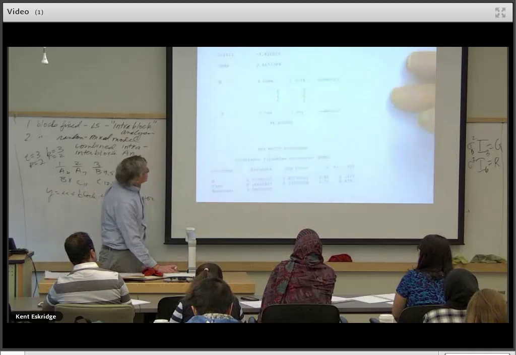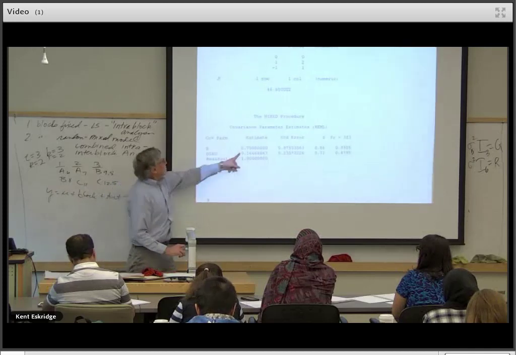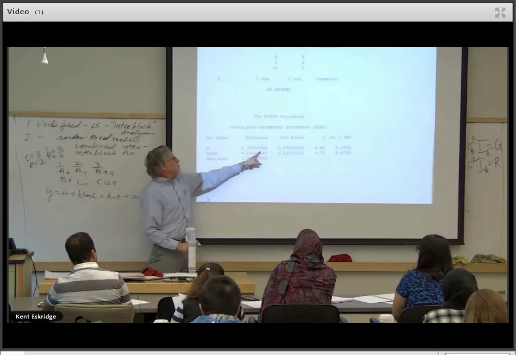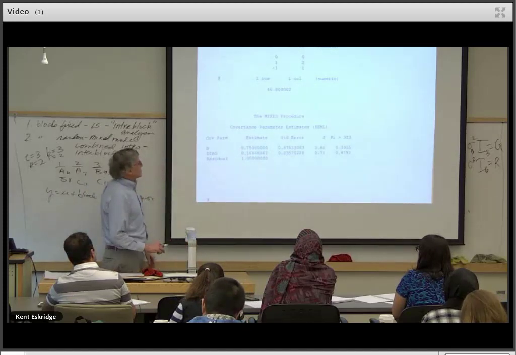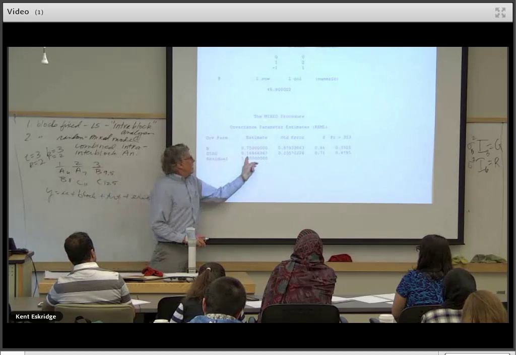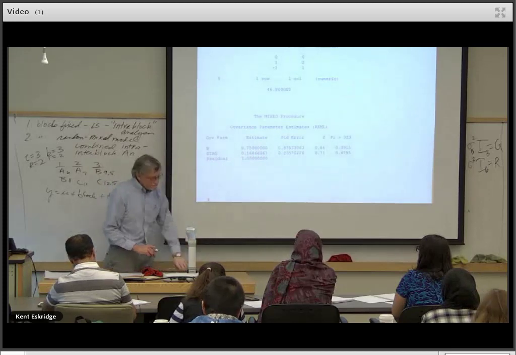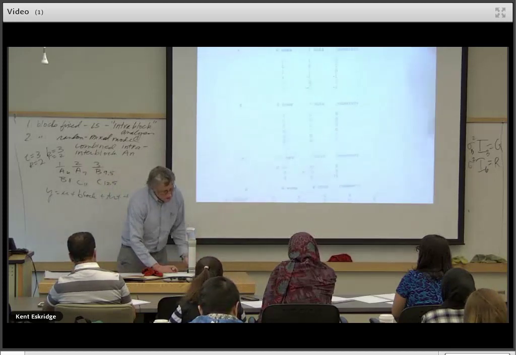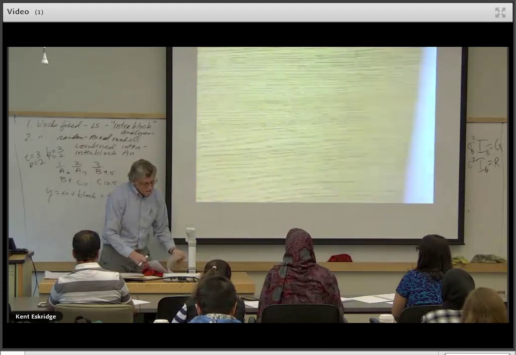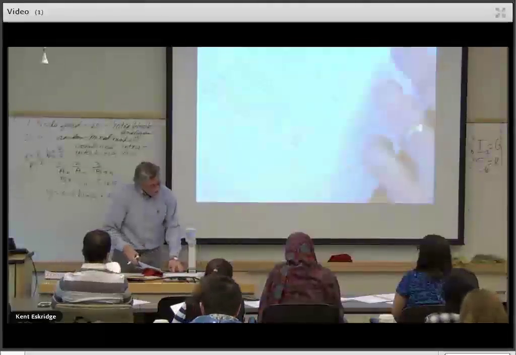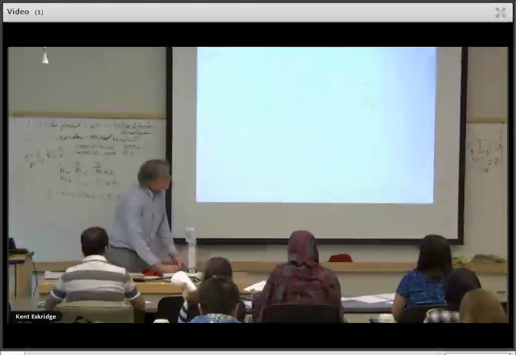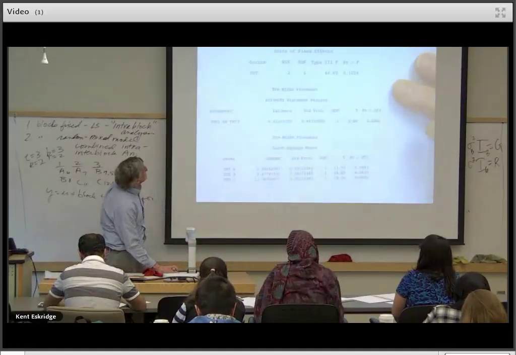Now, the MIXED output will give you what the variance component estimates are. There's the 0.75, exactly what we estimated. In this simple case, it'll be exactly the same. And this is the mean square error estimate, okay? And then it'll give you all these other things that are, I think, on the next page. Yeah, it'll give you LS means, the F test, and all these kinds of things.